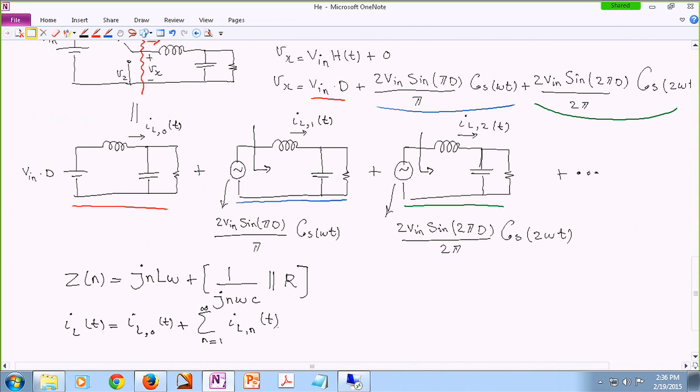Okay. And then once I have the current, I can, for instance, find the output voltage and so forth. Once you have this current, you just have to multiply that current by this impedance to get the output voltage, and just keep doing that.